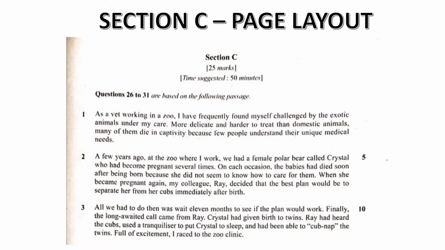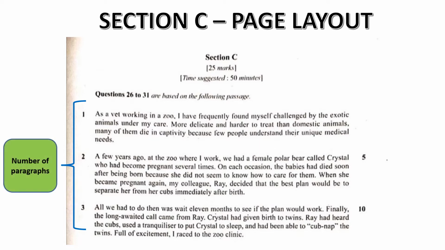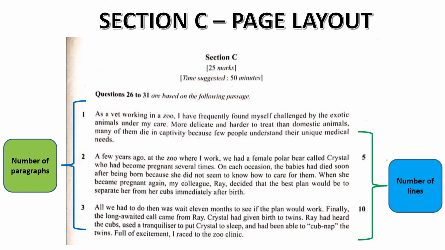What are these numbers? The ones on the left, 1, 2, 3, and so on, are the paragraph numbers. So number 1 tells us that it is paragraph 1. Number 2 is paragraph 2, and so on. While the numbers on the right-hand side tell us the number of lines.